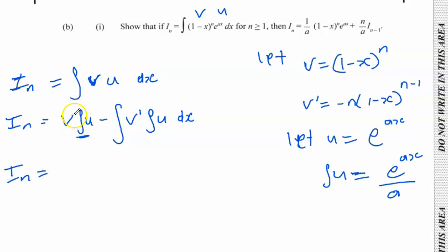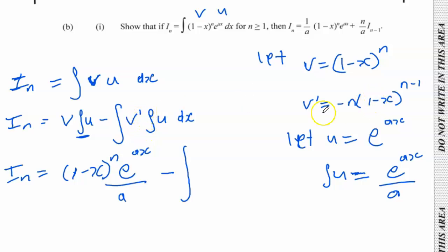So v is 1 minus x to the power n. The integral of u would be e to the ax over a, minus the integral of v prime.